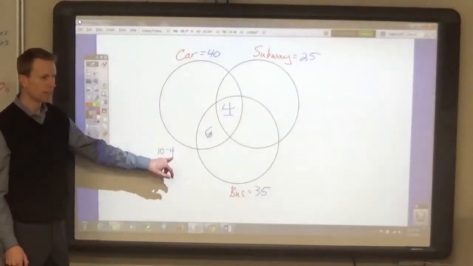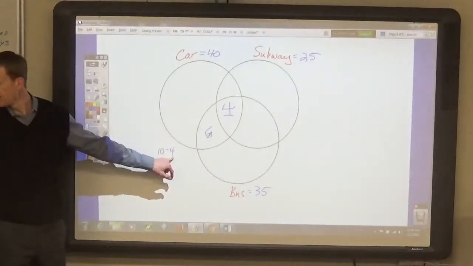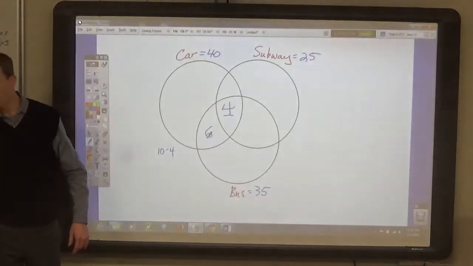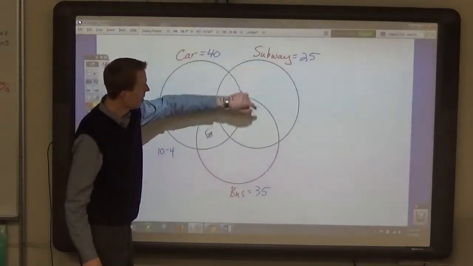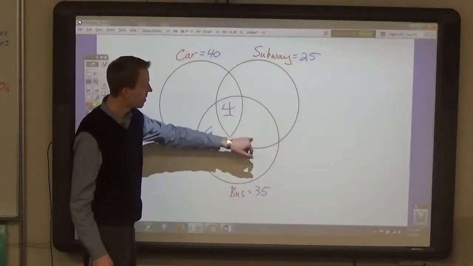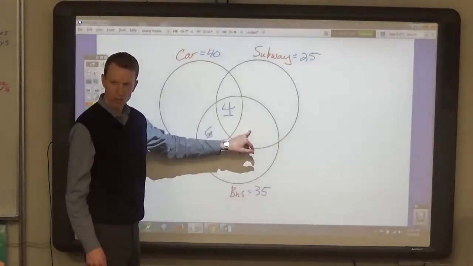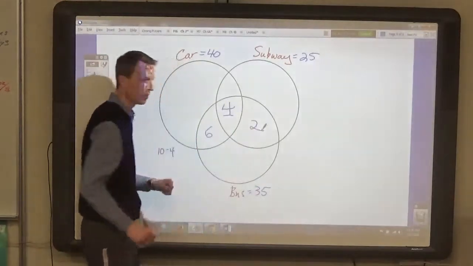Then, what else do they give us? 6 people use both the subway and the bus. Subway and bus, that's these 2, right? 6 total. 6 minus 4 is 2.